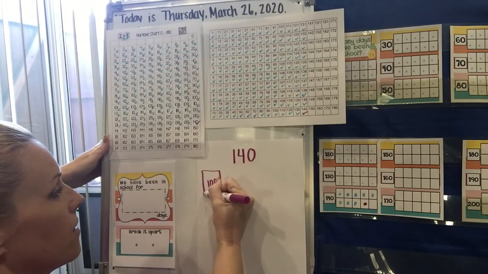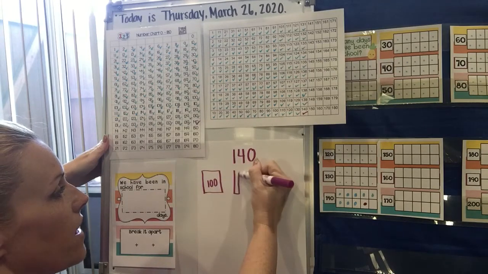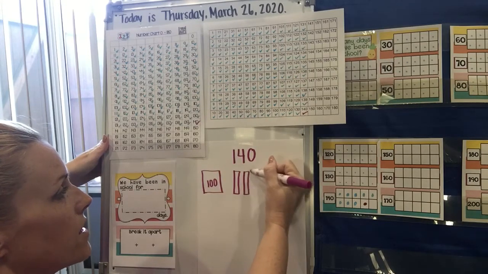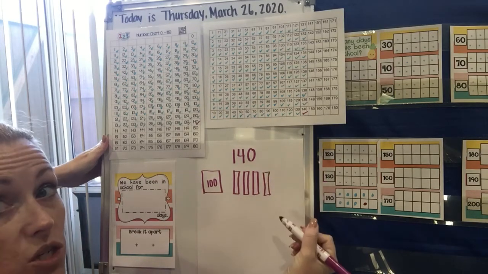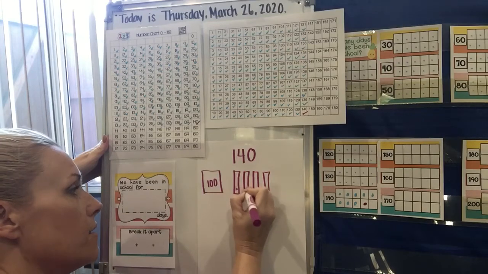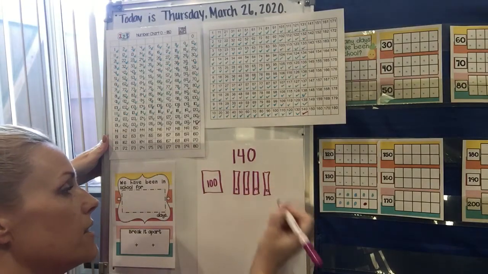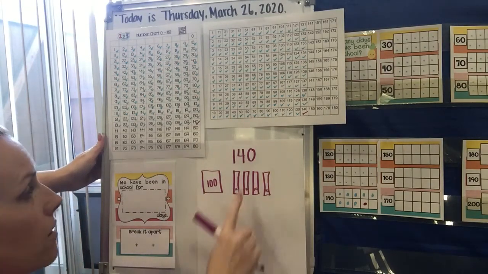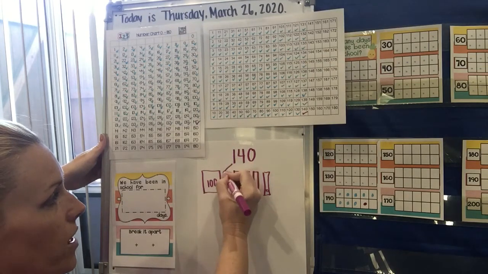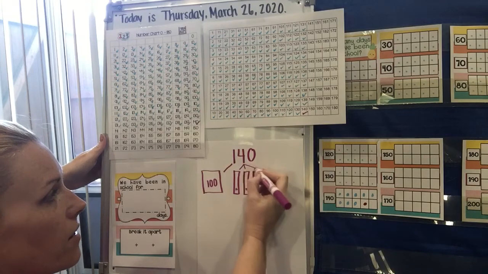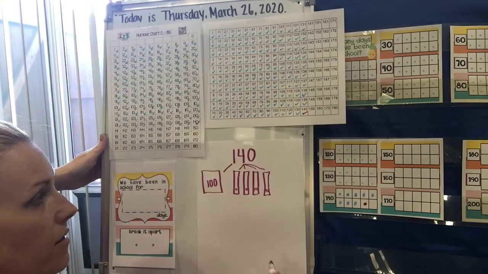and then 4 groups of 10, so 10, 20, 30, 40, and I'm going to make sure that I label it 10, 10, 10, 10, and we actually don't have any 1s, because there's 0 in the 1s place. So we have 1 group of 100, 4 groups of 10, and 0 1s.